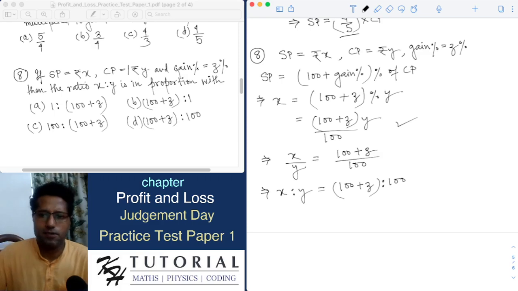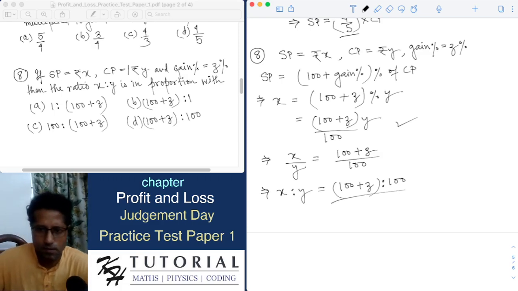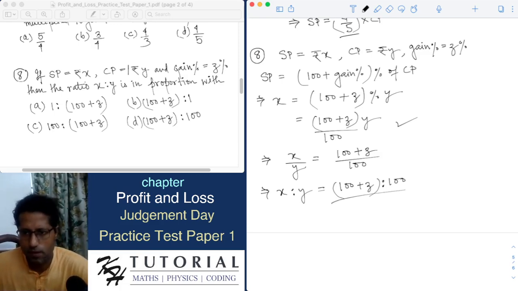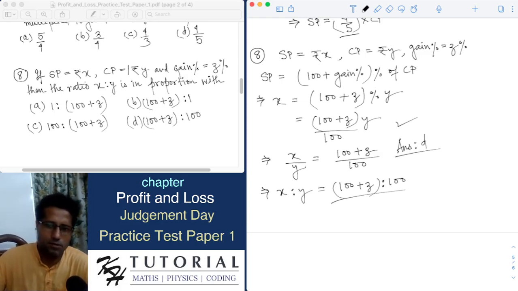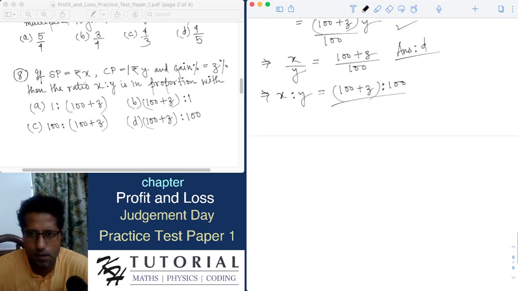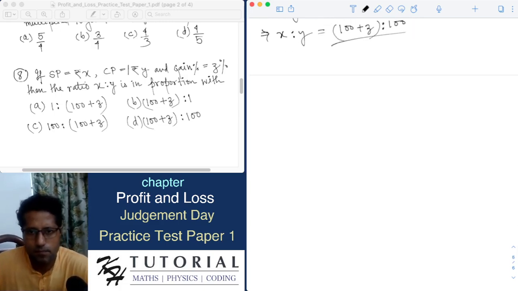So this is the ratio which is in proportion with X is to Y. So the choice is D. The answer is choice D. Okay, let's do problem number 9.